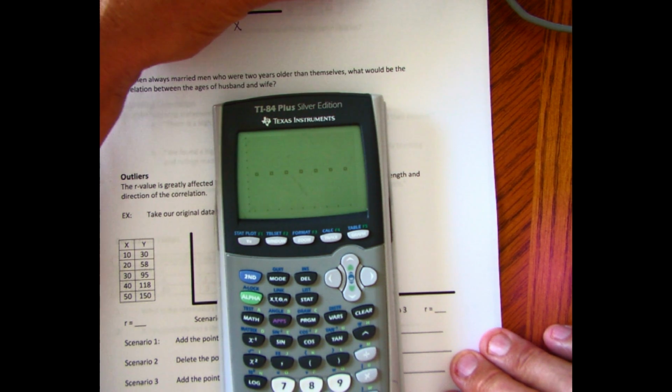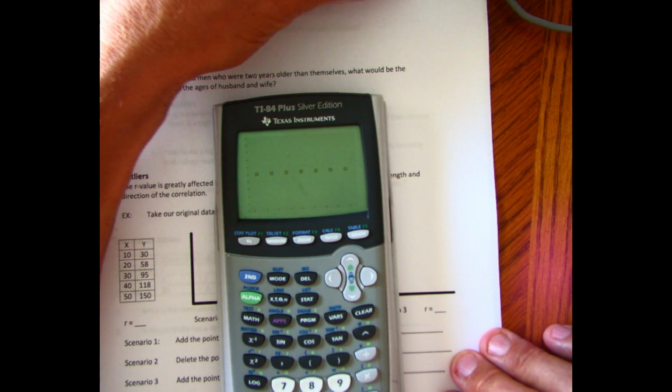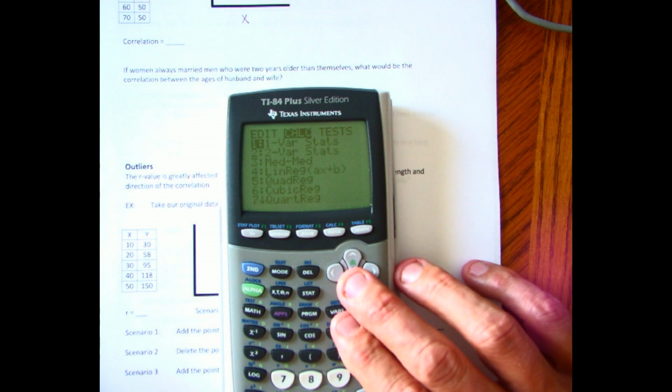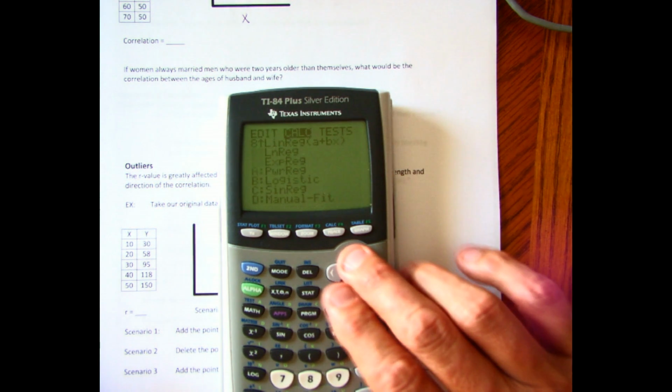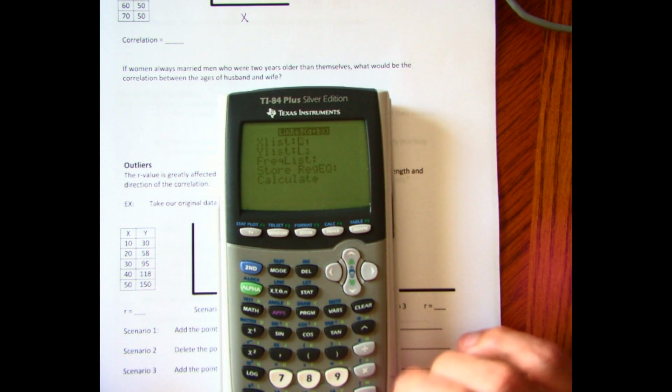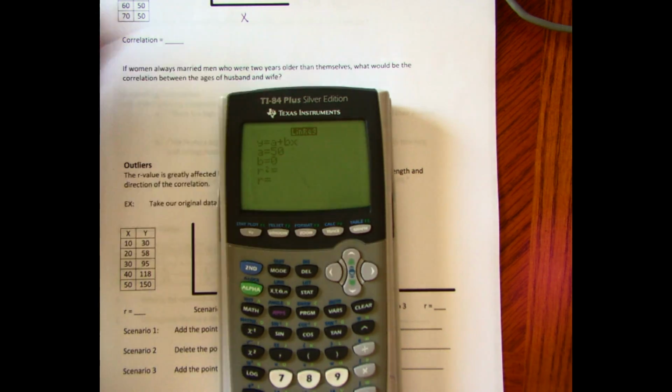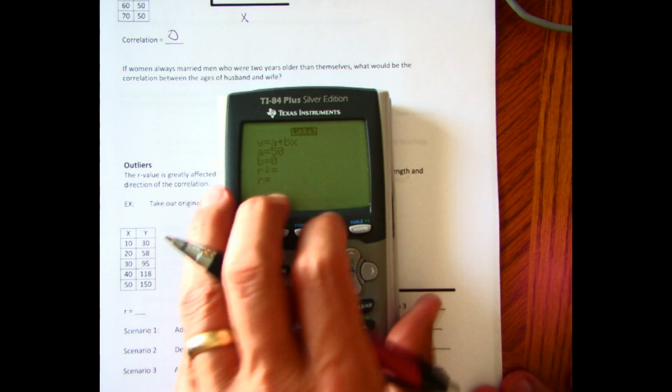I wouldn't say no direction. And so then when I calculate this, I should get a correlation of 0. Let's see what we get. There. Well, it didn't like that. So I said, okay, I'm not calculating that, but we know our correlation there is 0.